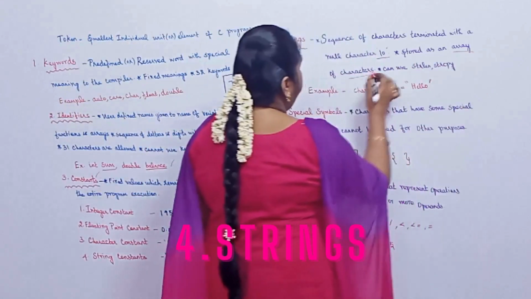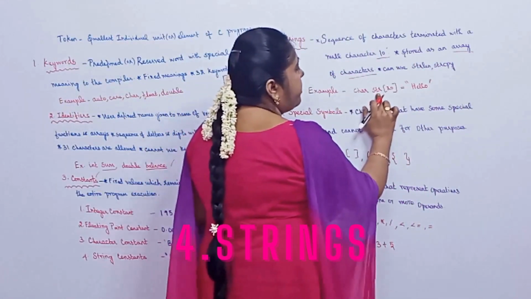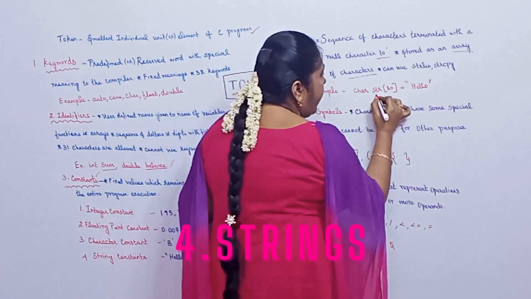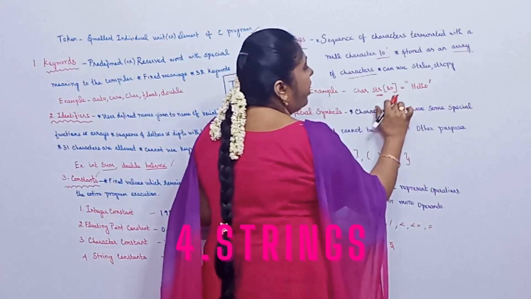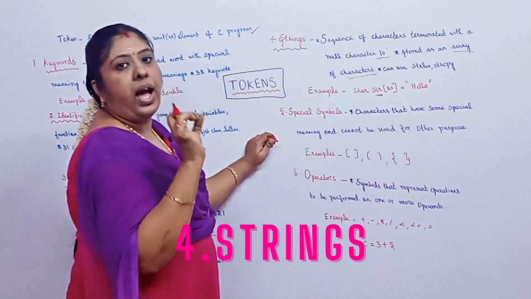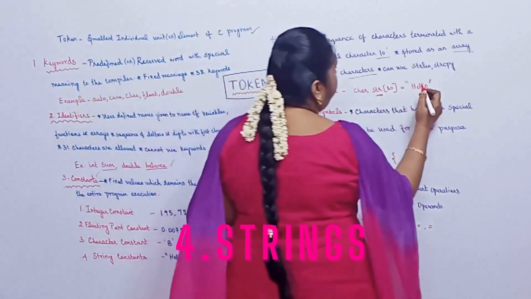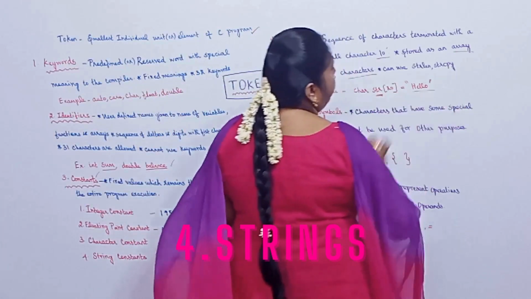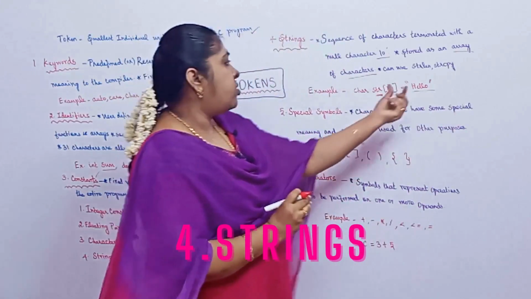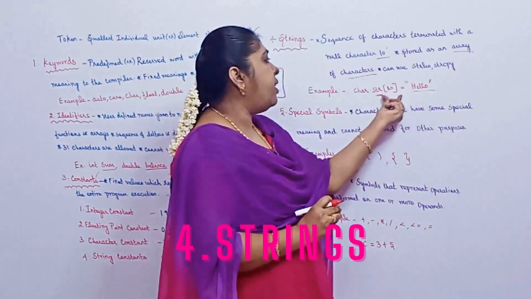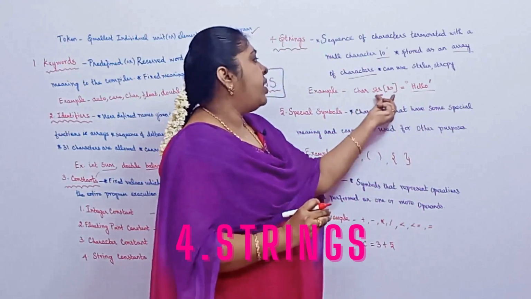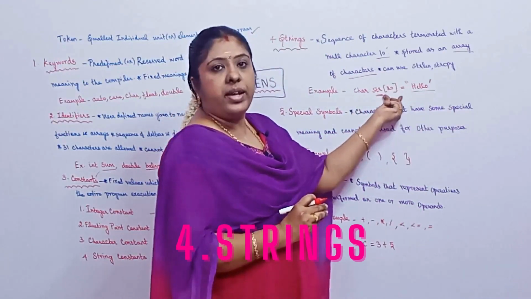For example, char str[20] = "hello". Here str is the array name, 20 is the array size, and the string value hello is stored in the character array str with array size 20.